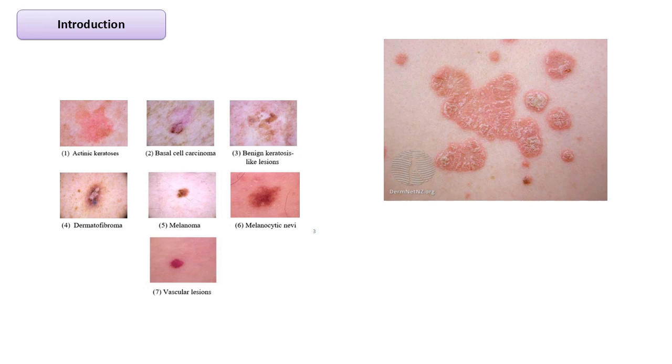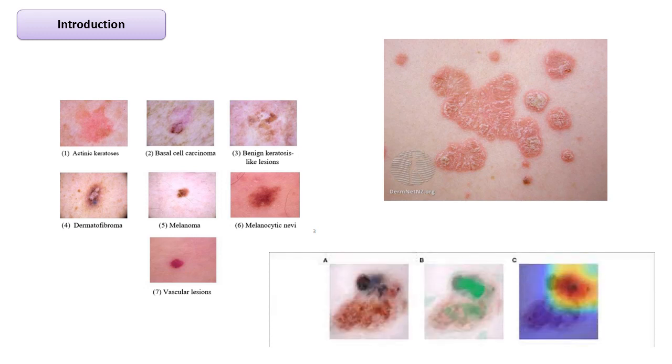The accurate detection of skin lesions is important for early diagnosis and treatment of various skin conditions, including skin cancer. The traditional approach relied on handcrafted features and shallow learning algorithms, but recent advancements in deep learning and computer vision offer new possibilities. Let's discover it together.